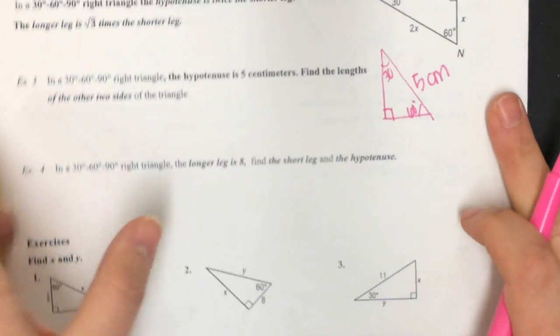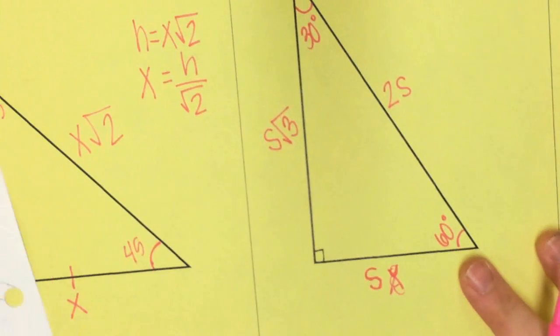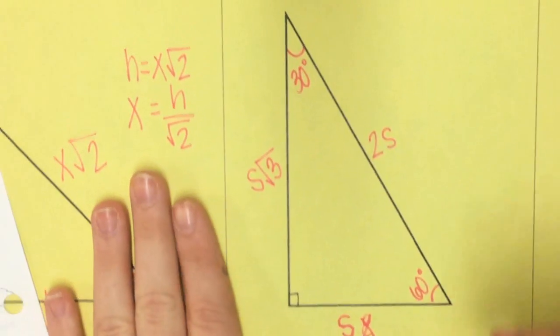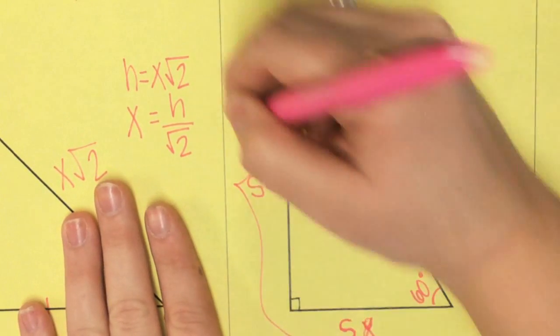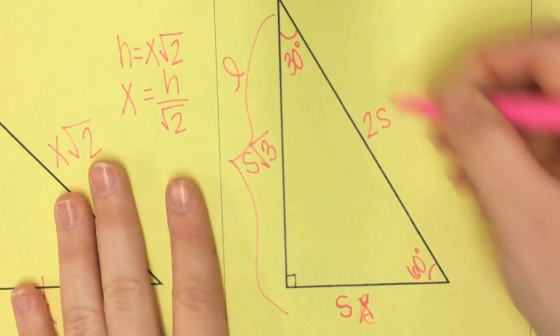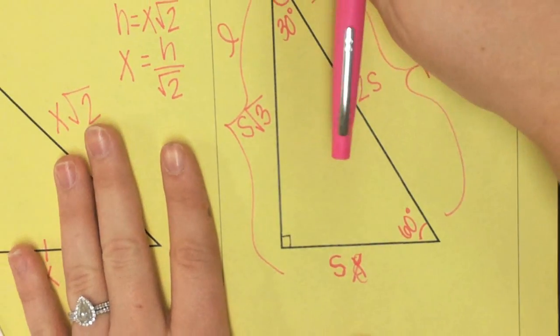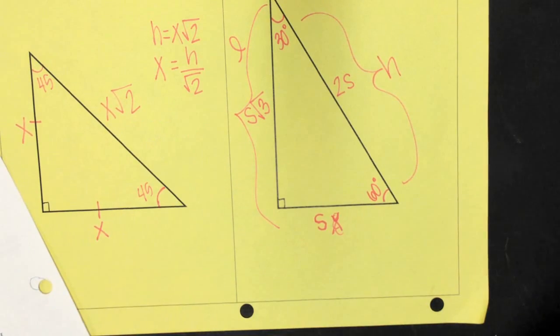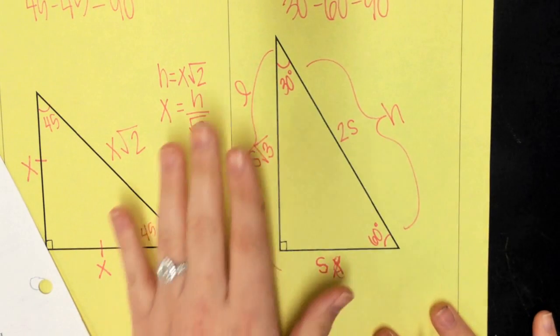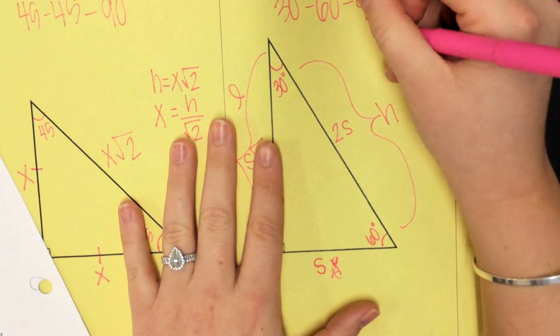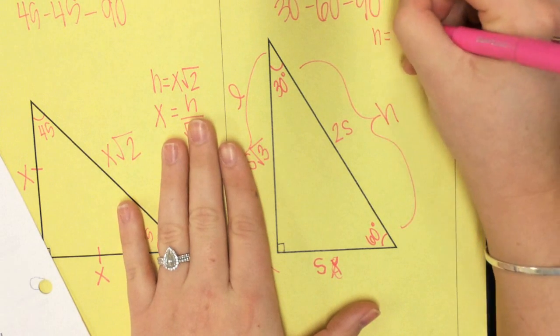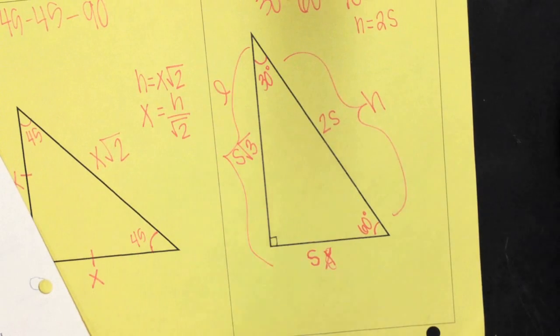Let me give you some formulas. I'm calling this side L. This side is H. And this side is S. Okay? So to find the hypotenuse, you do 2 times the small side.